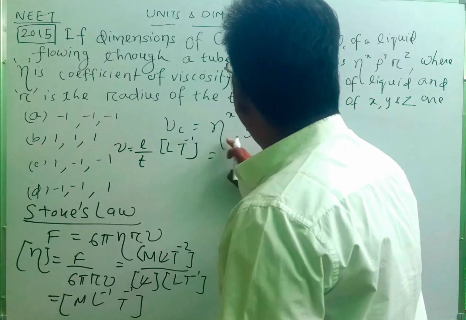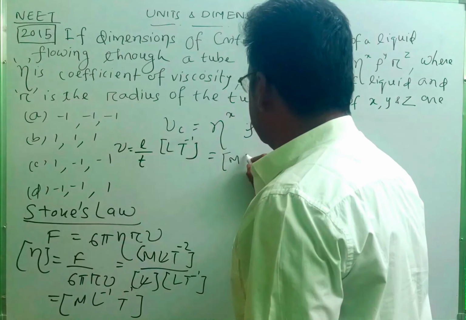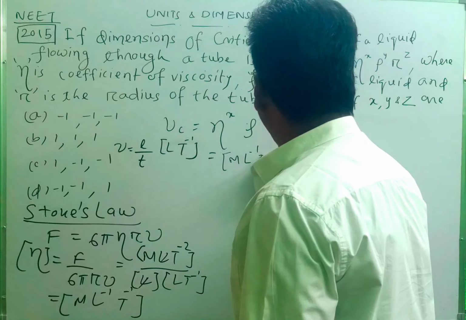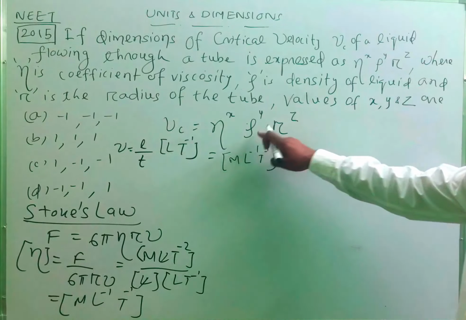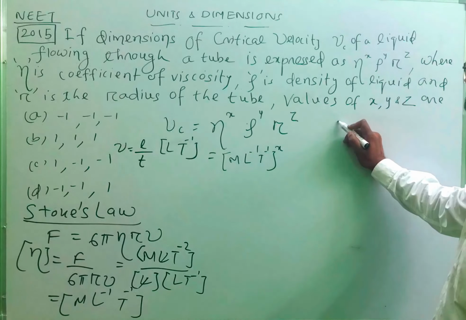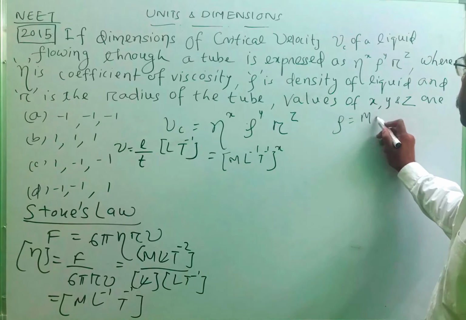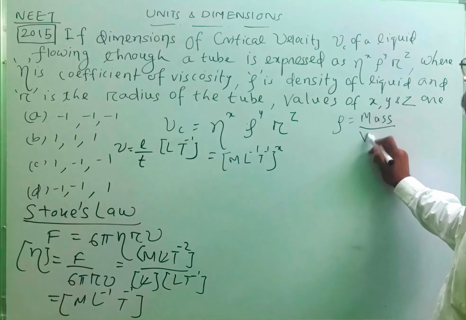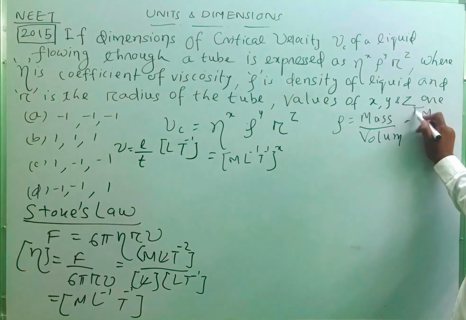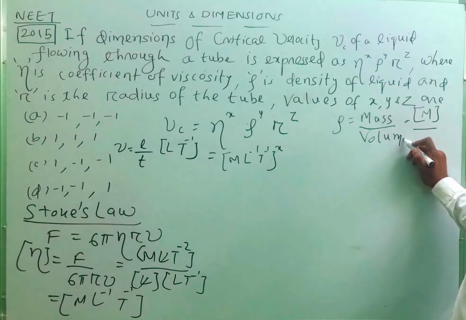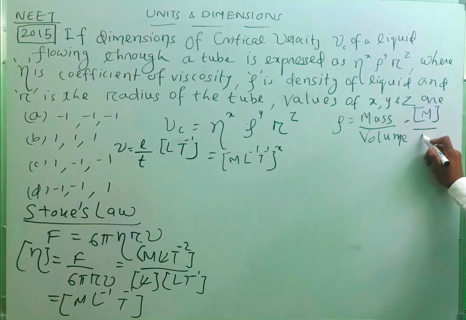Then we will write it here, M L to the power minus 1 T to the power minus 1, to the power x. What is density, student? Density or mass density is given by the formula mass per unit volume, you know. And what is the dimension of mass, student? That is capital M in square bracket. And what is the dimension of volume? We know that is L to the power 3.